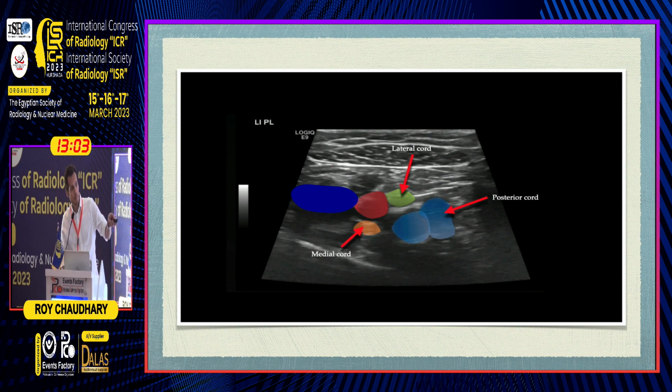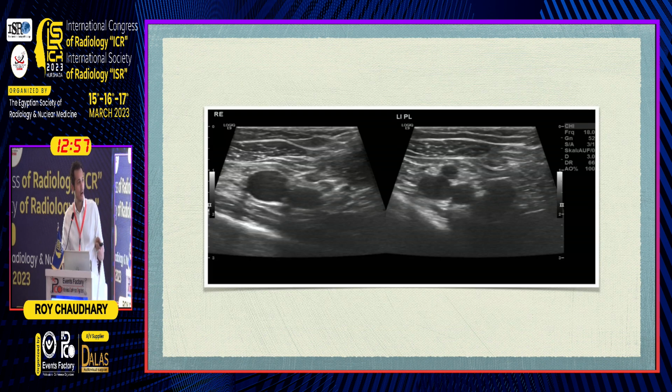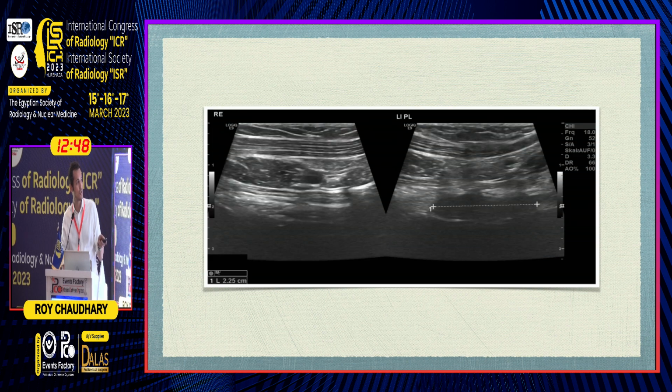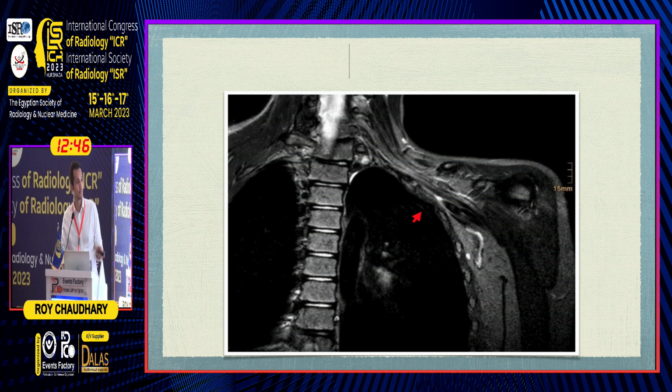But what we found is that the posterior cord is looking very bulky compared to when we look at the other side. So that's the abnormal side. And when you compare to the other side, it just looks abnormal and bulky.